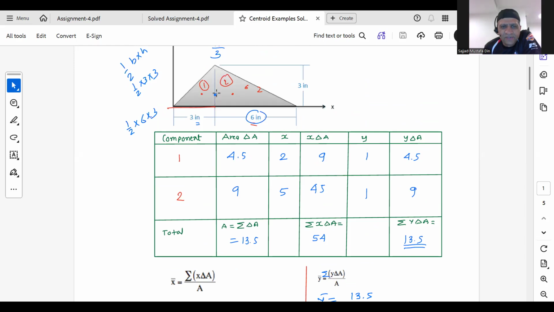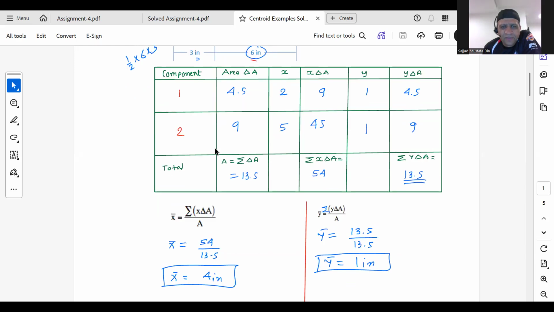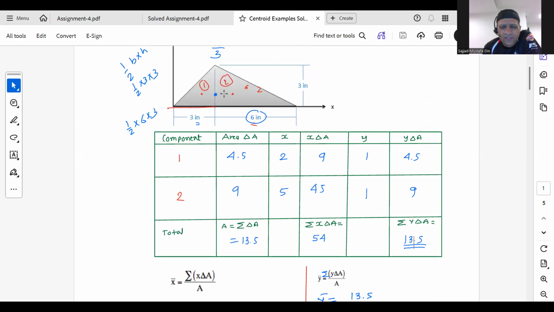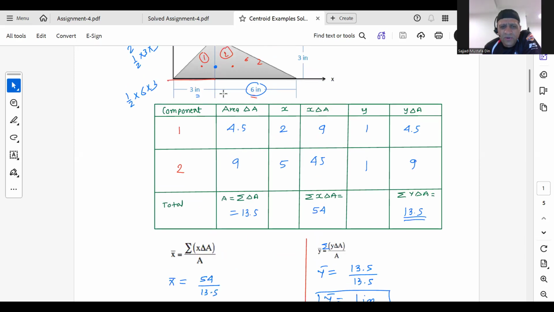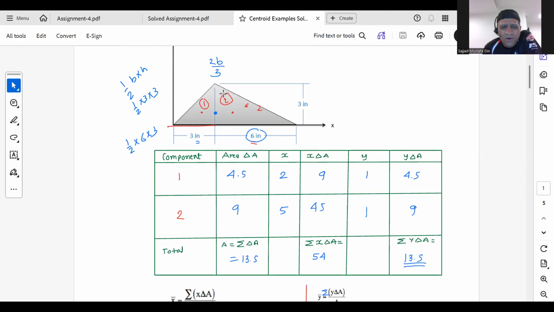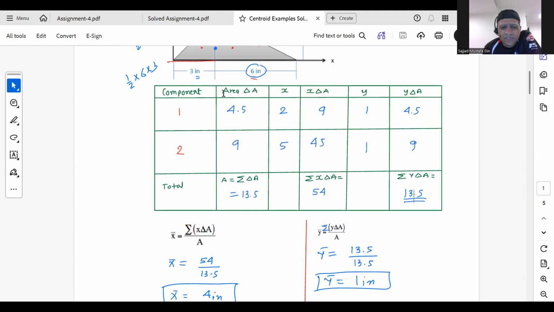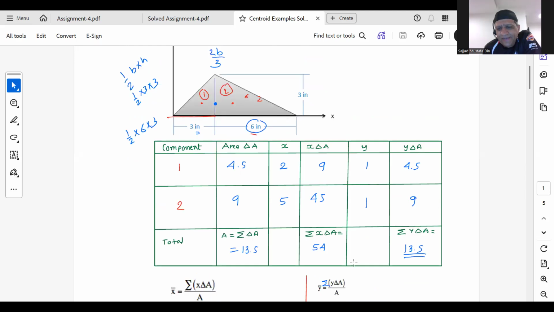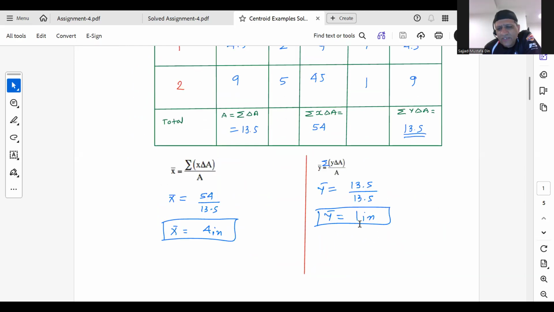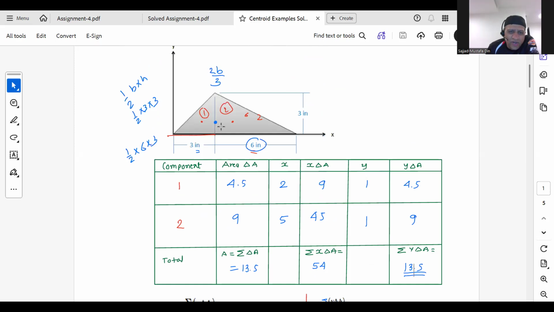So that means that your centroid is somewhere, let's see, x bar, y bar. Interesting. It's 4 inches and it's going to be 1 inch for y. So it's probably somewhere over here.